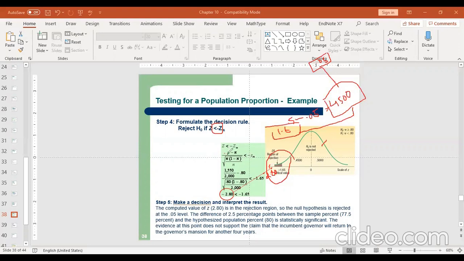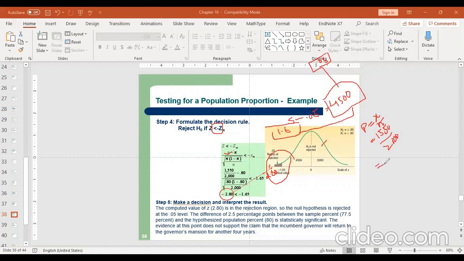Here we have the sample proportion. The proportion formula is p equal to x over n. So x is 1550 divided by 2000.